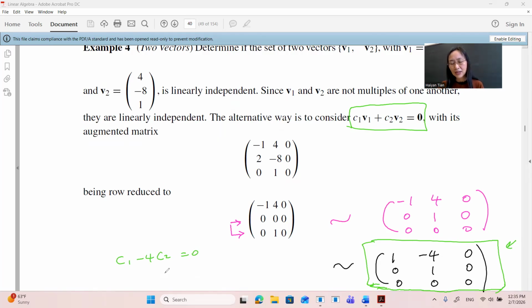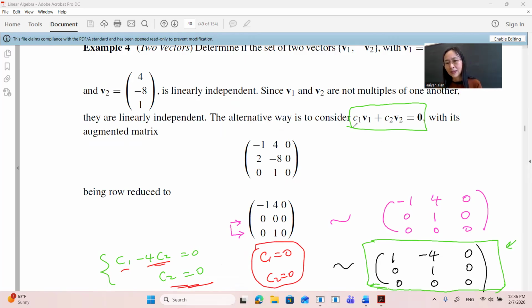The second one means C2 is also 0. So C2 has to be 0 from the second equation. And then if C2 is 0, then C1 has to be 0. So yes, we have only the trivial solution.